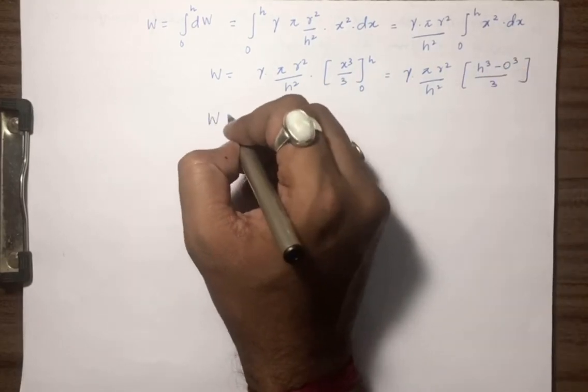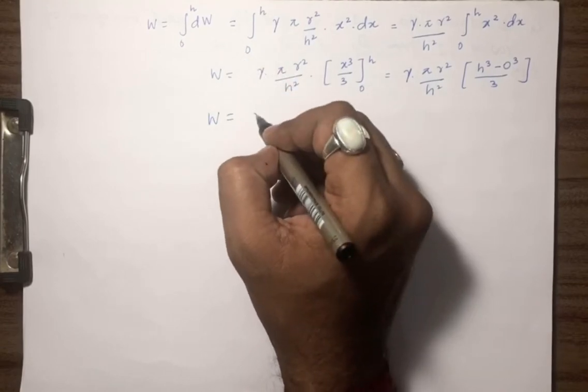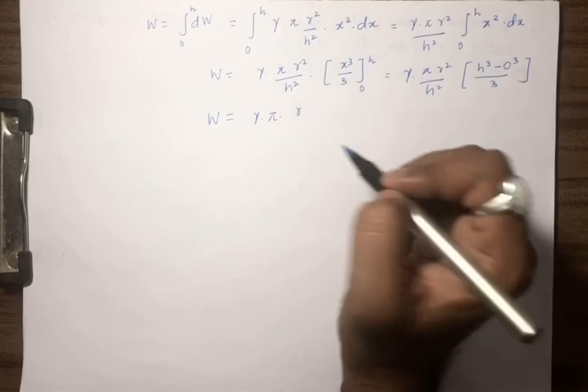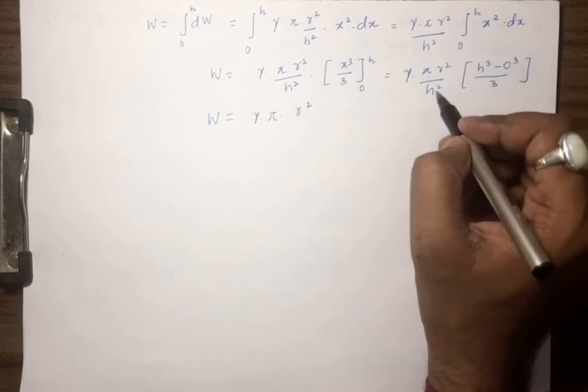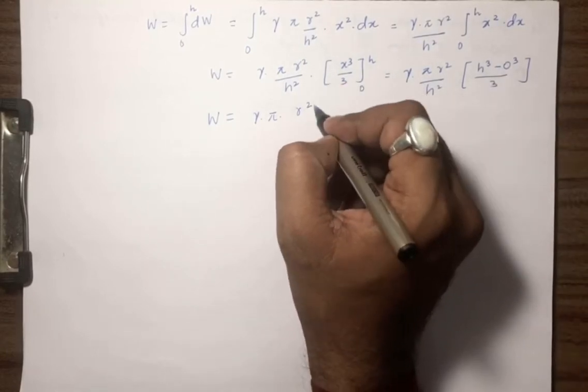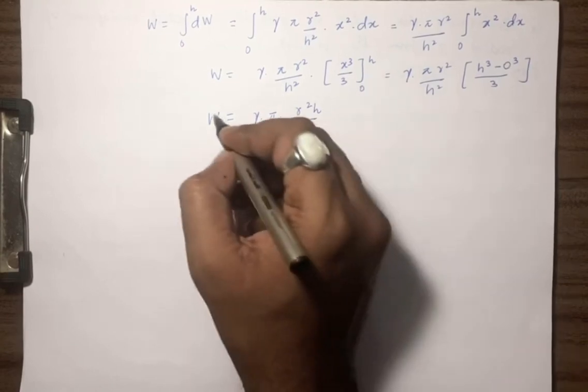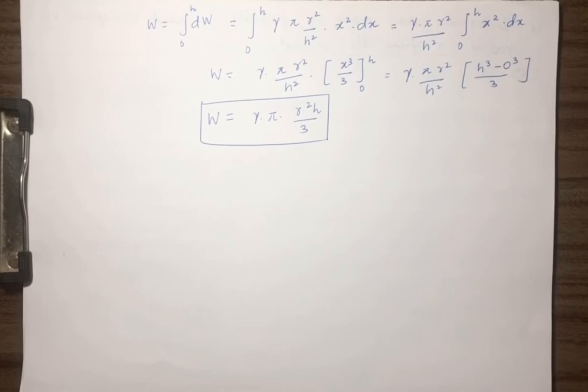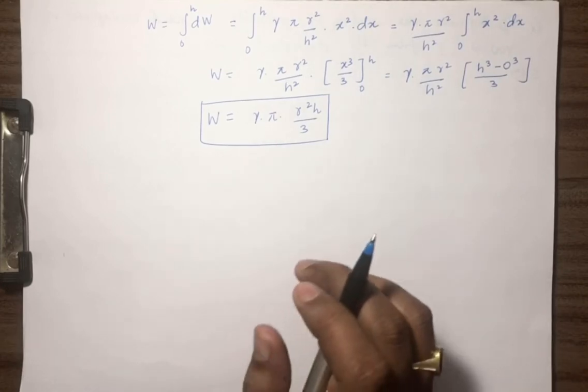So this weight is coming out to be gamma into pi r square h upon 3. Okay, this is clear up till here.